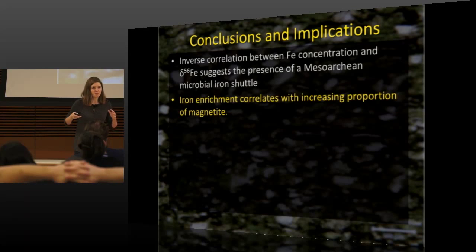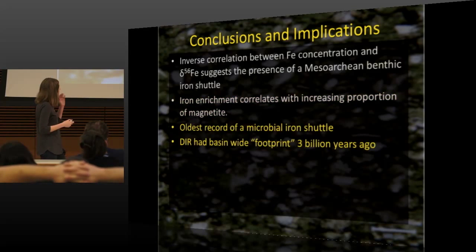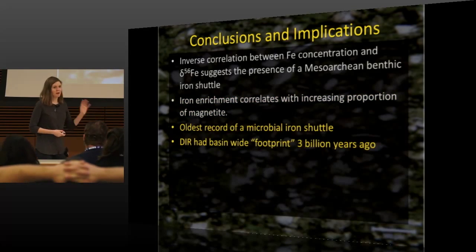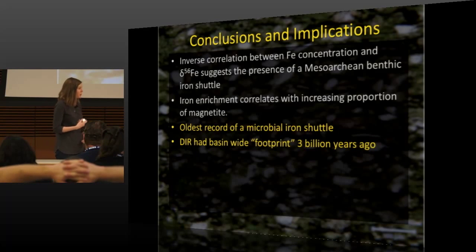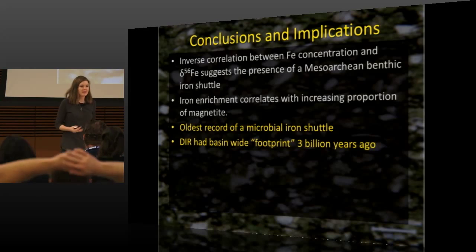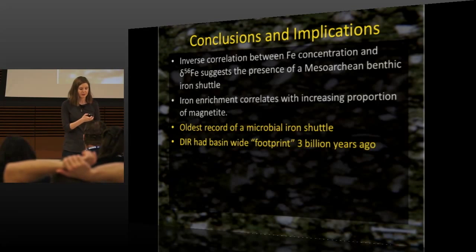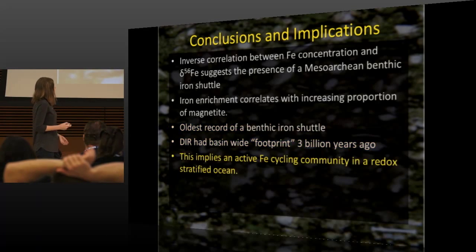And this study is particularly exciting because it is the oldest record of a microbial iron shuttle that we have. And it shows that dissimilatory iron reduction left a basin-wide footprint 3 billion years ago. So this implies that there is an active iron cycling microbial community in the redox stratified ocean.